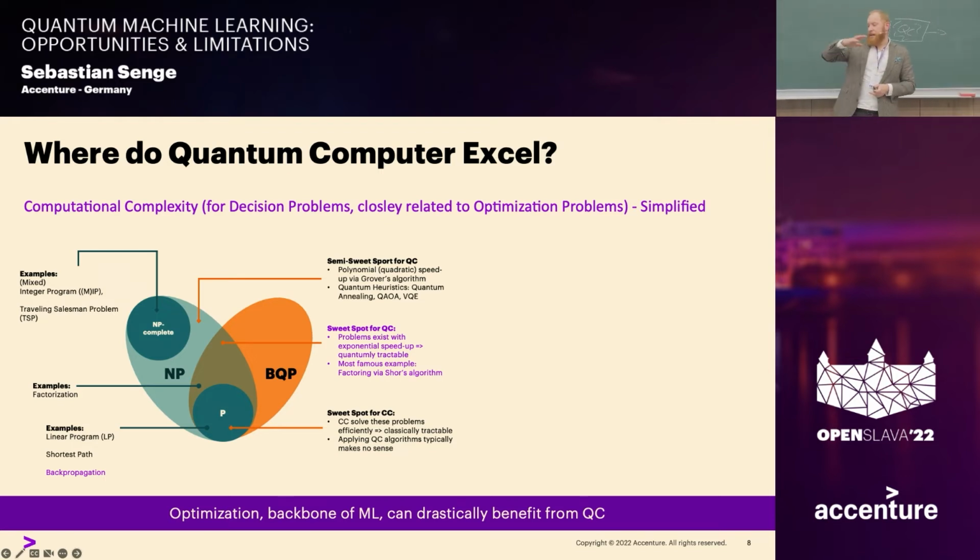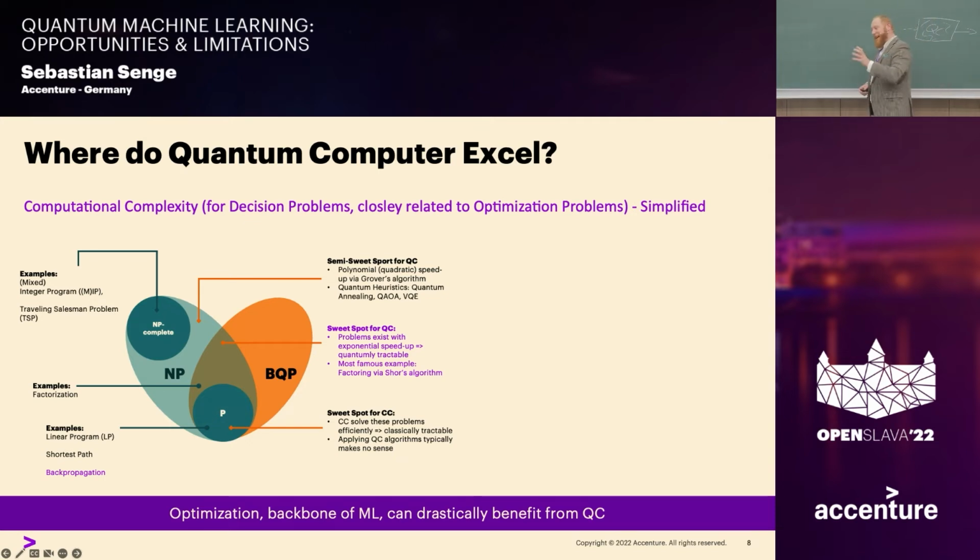And on the left side, in the blue one, we see those classes of problems where we at least know that a classical computer can't solve them efficiently. And by efficiently, we mean in polynomial time. That means more or less that you can run it even for large instances in a relatively short amount of time. And the really interesting part is now that overlapping part, right?